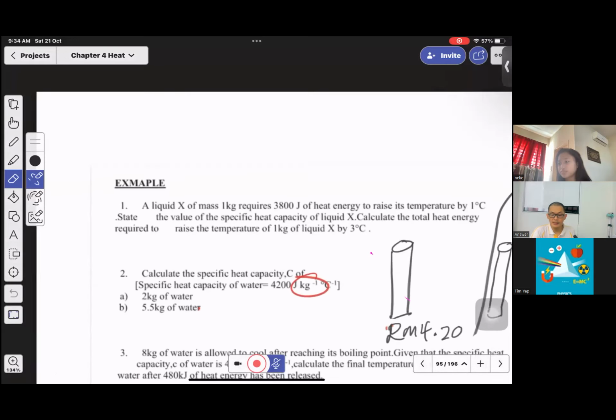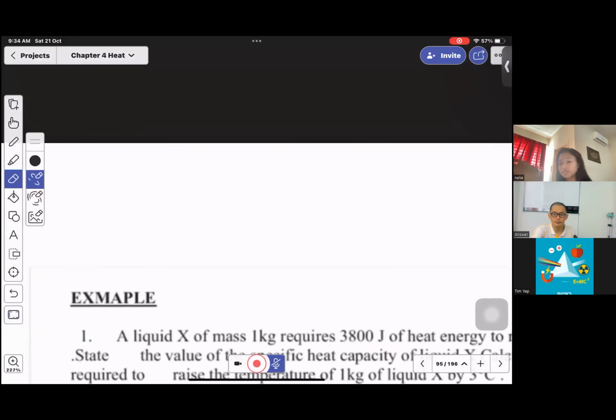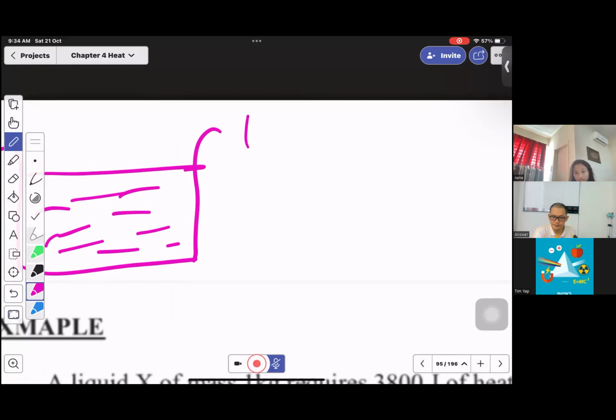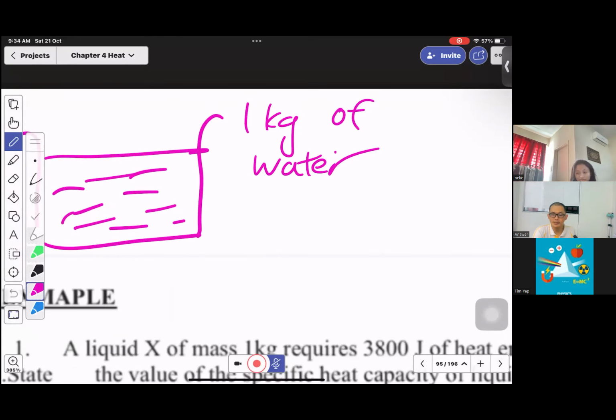Okay, so let's say I have 1 kg of water. Its specific capacity is 4,200 joule per kg per degree Celsius.